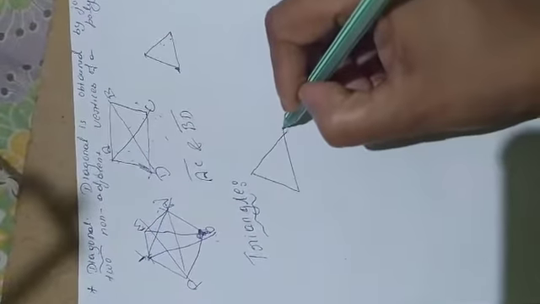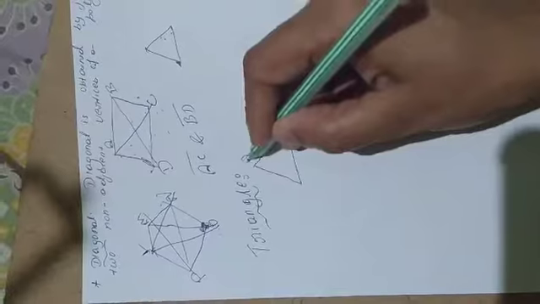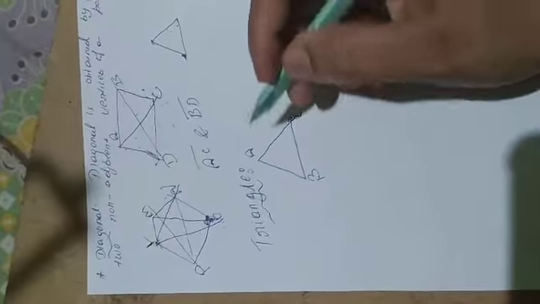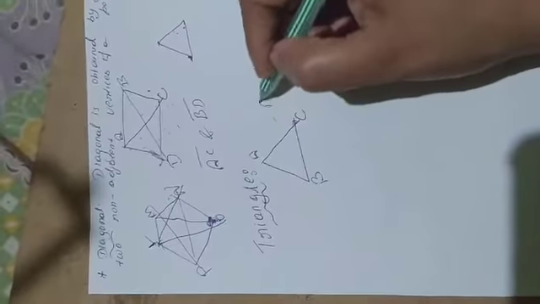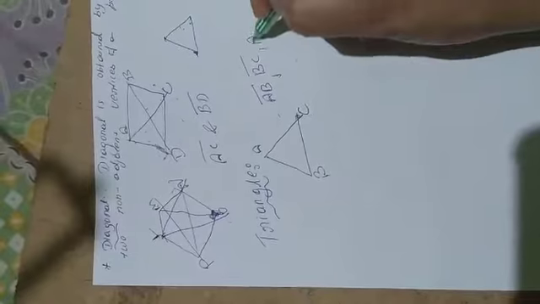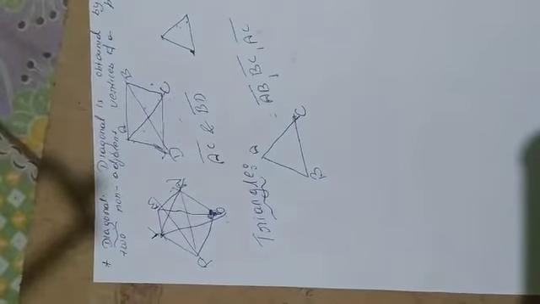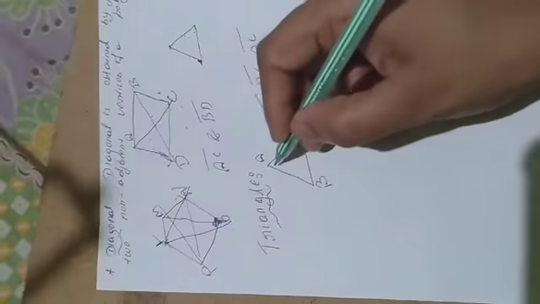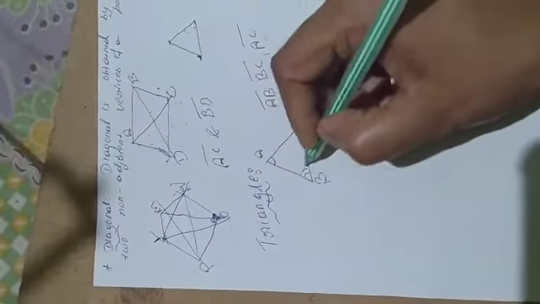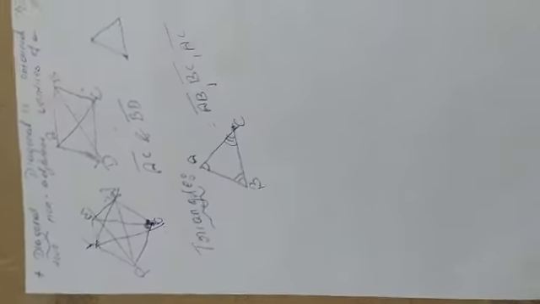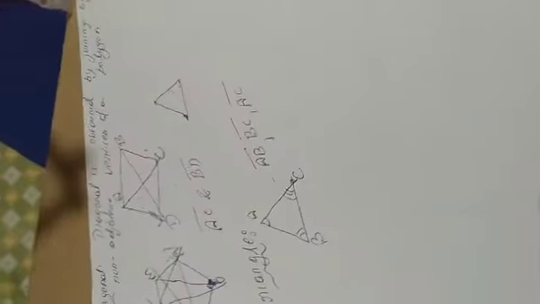For example, ABC triangle. Here we consider AB, BC, AC as the line segments. And angle means it has three angles, 1 2 3. So it has three angles, so this is called the triangle.